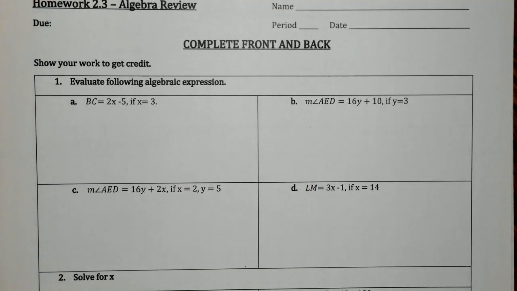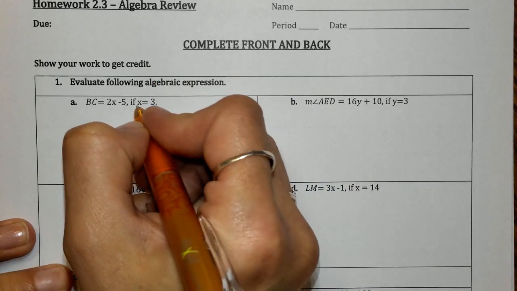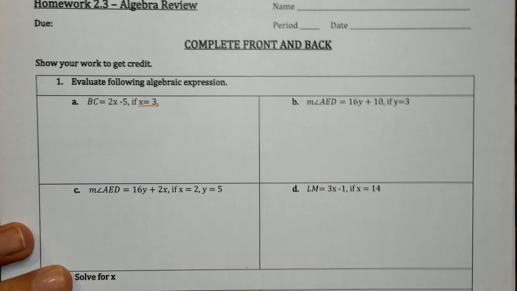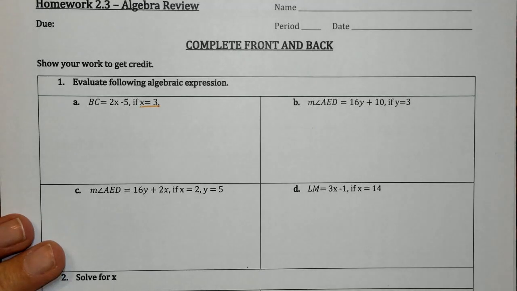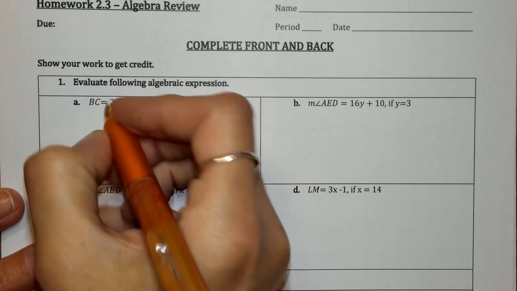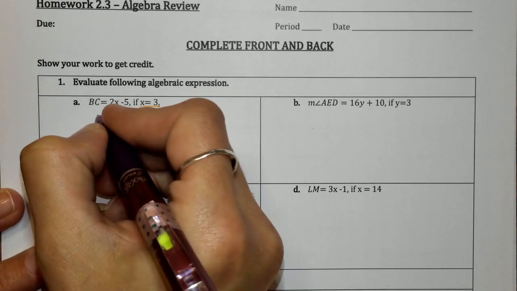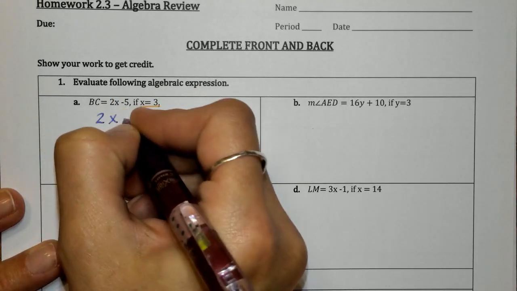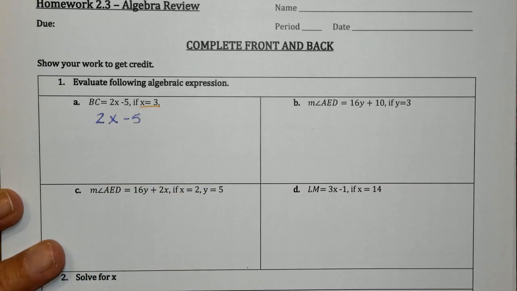So what we're going to do here with this key is we need to see here that we have x equals 3. Well, right now we have BC equals 2x minus 5. The only reason we have x there is because we did not know what it was. Now that we know what it is, we need to get rid of x and we need to plug 3 in. So this is the way I like to show it: if we have 2x minus 5, watch what happens.